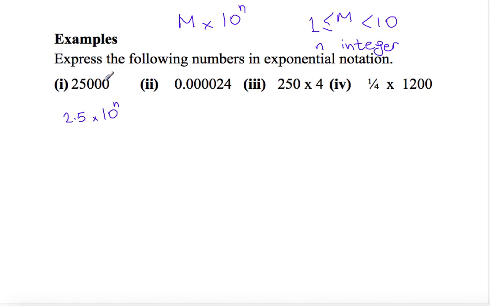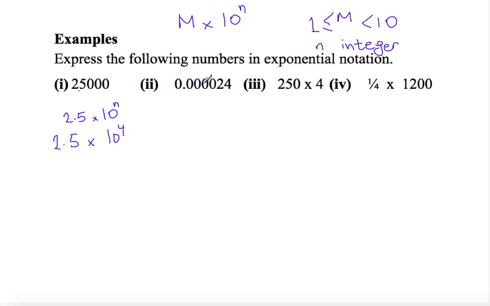Let us count 1, 2, 3, 4, as we put the decimal point between the 2 and the 5, so we shift 4 columns, so 2.5 times 10 to 4 equals 25,000. So it is an easy way to write 25,000: 2.5 times 10 to 4.